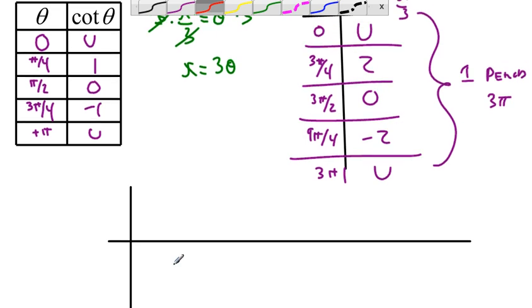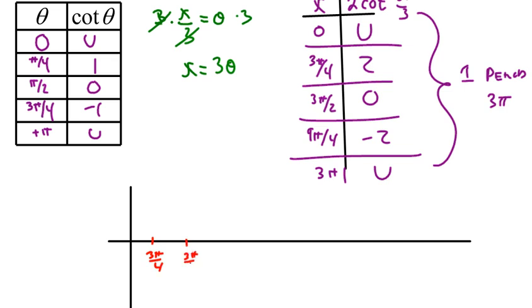All right, so we have a 0, a 3 pi over 4, 3 pi over 2, 9 pi over 4, and 3 pi. For the sake of our problem, we know we want another period, so we can continue to the right or just go to the left.